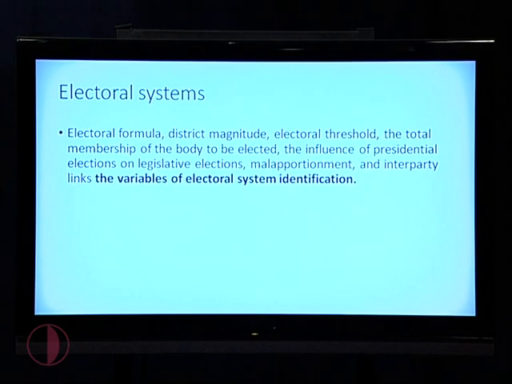Electoral formula, district magnitude, electoral threshold, the total membership of the body to be elected, the influence of presidential elections on legislative elections, and inter-party rings are the variables of electoral system identification.